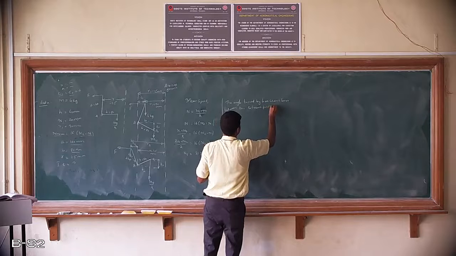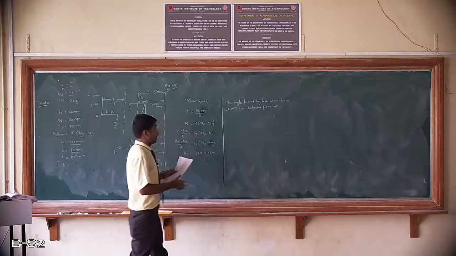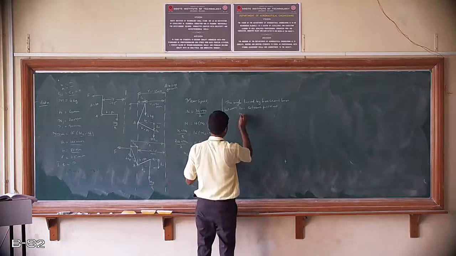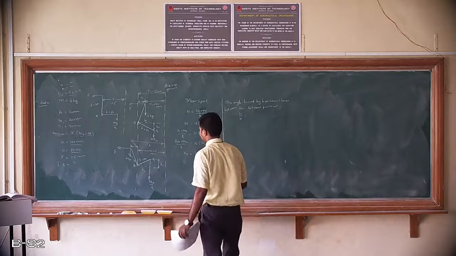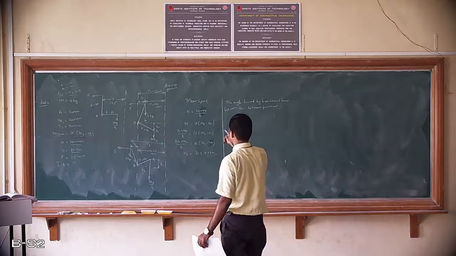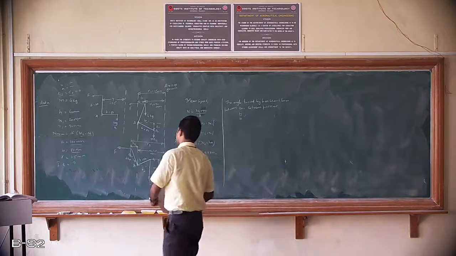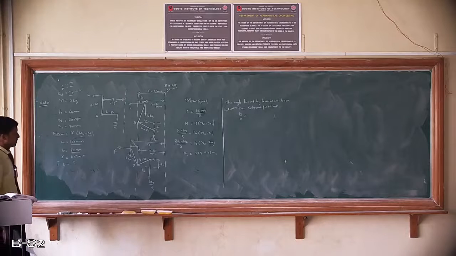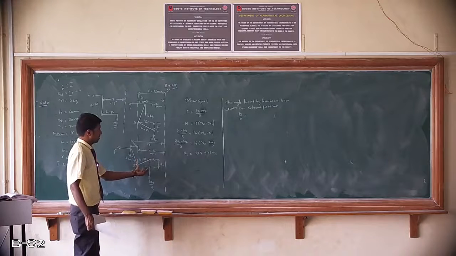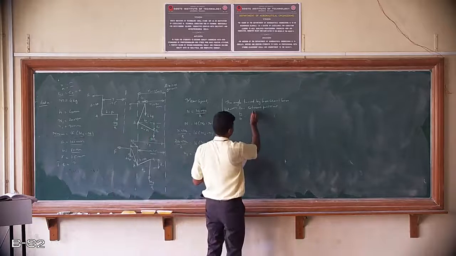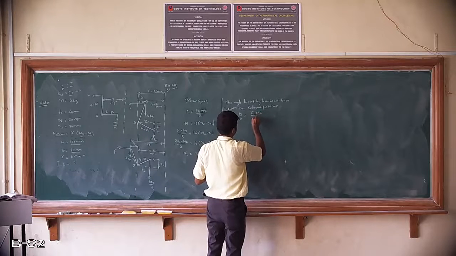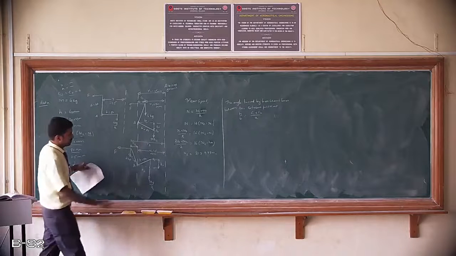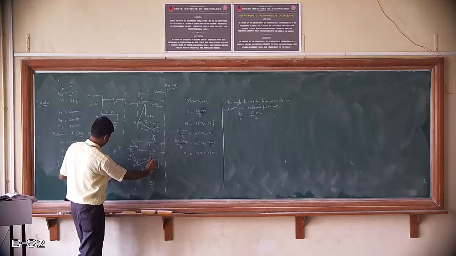The total angle turned by the bell crank lever between two extreme positions is given by H by B, which is equal to C1 plus C2 divided by A. H means the total height.